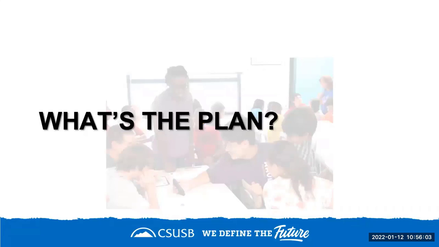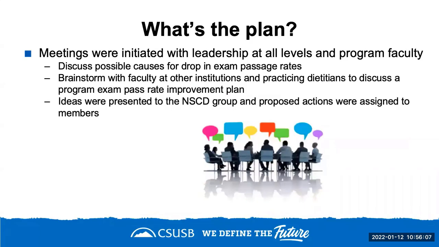We keep talking about this plan. What is it? So let's get right to it. We initially started with meetings with leadership at all the levels I just described, along with the program faculty. We discussed possible causes for the drop in exam passage rates.